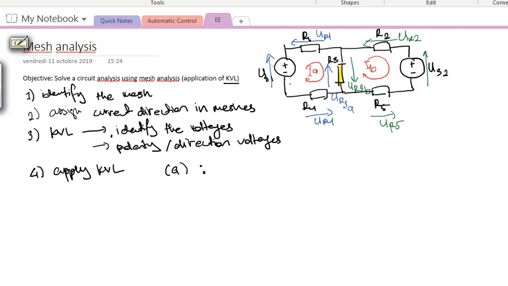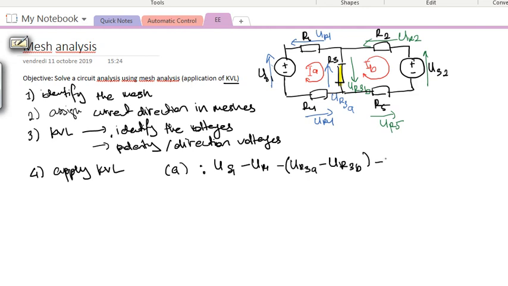If we go through the mesh in the direction of IA, you'll see that you have US1 minus UR1 minus, so the voltage in R3, it is UR3, right? But it's not just UR3, there is UR3A and UR3B as well. So it's minus UR3A, right? And now the sign becomes minus UR3B.